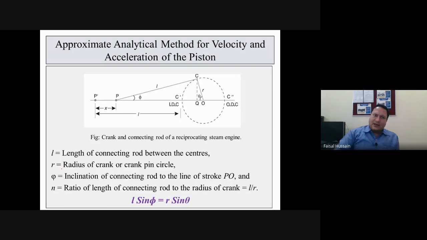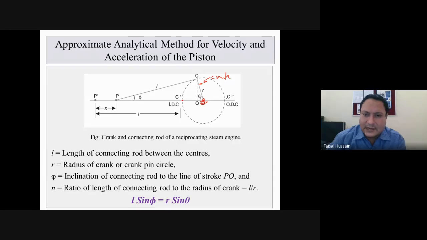Similarly, in analytical method, we have taken the example of reciprocating steam engine, where you can see that this is my fixed point O. This is the crank which is rotating at an angle theta from inner dead center.